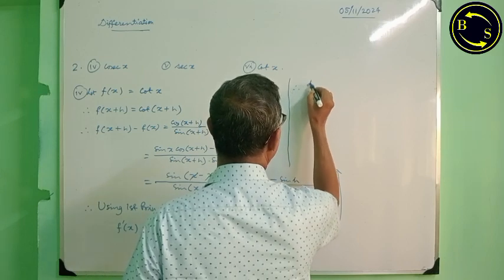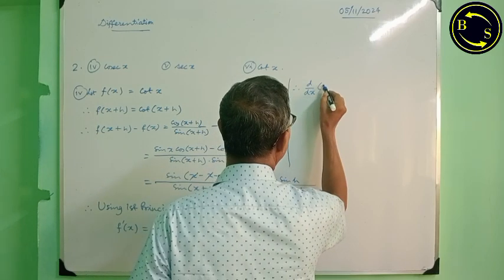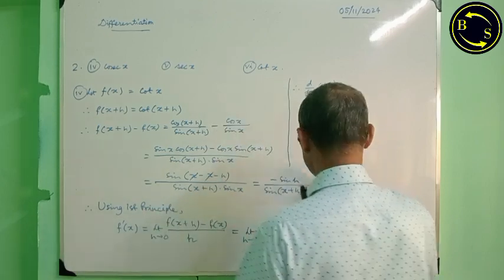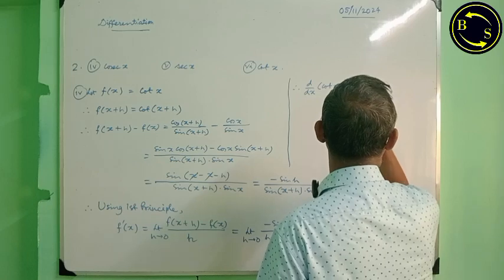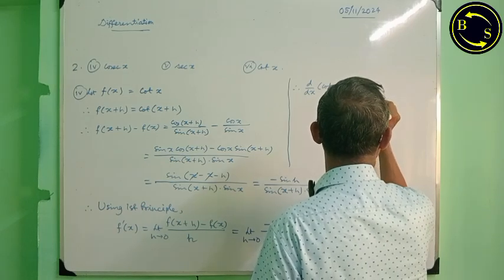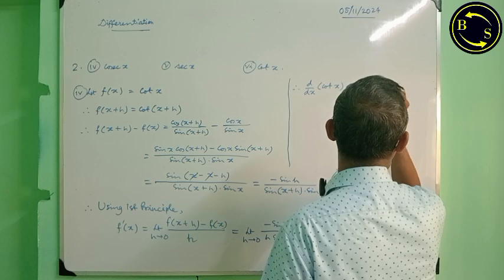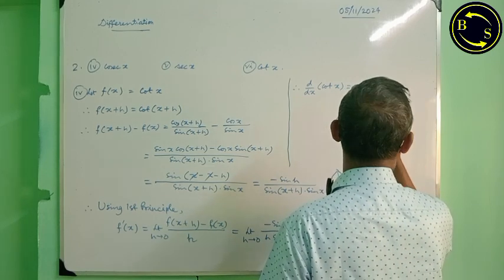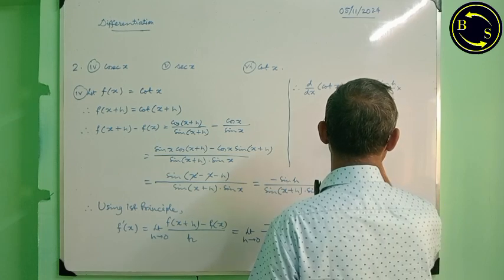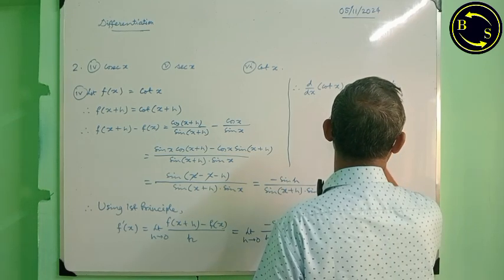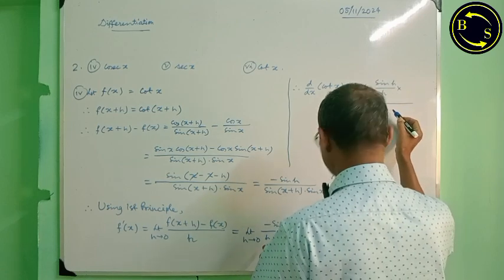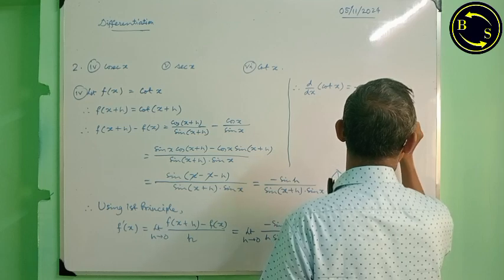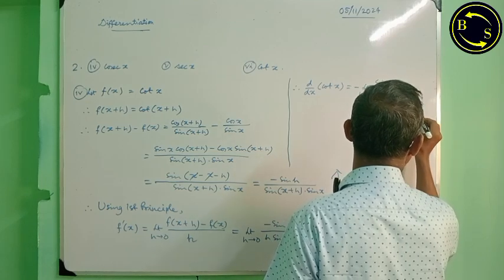Therefore d/dx of cot x is equal to minus sign taken outside into limit h tends to 0 sin h by h into limit h tends to 0 1 by sin of x plus h sin x.